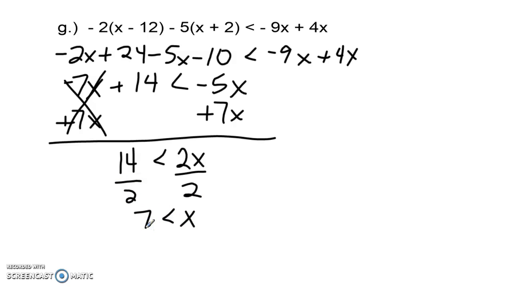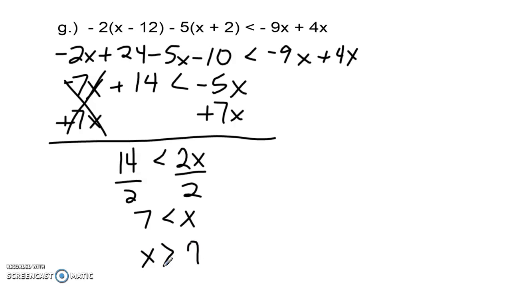So reading this left to right would be 7 is less than x, correct? But I like to read it with stating my variable first. So if I state my variable first, x is actually greater than 7. So if I want to switch the sides that my variable's on after I'm done, I have to change the inequality direction. So if I want x on the left now, and 7 on the right, I've got to change the inequality so that it reads correctly.